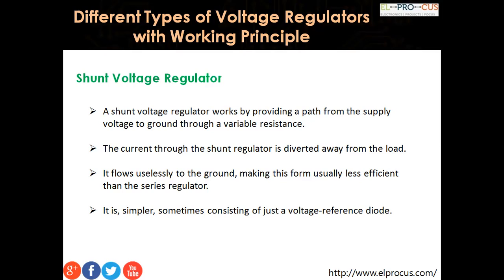The current through the shunt regulator gets diverted from the load and usually flows to the ground, making this form usually less efficient than the series regulator. We have already seen the disadvantages of series.